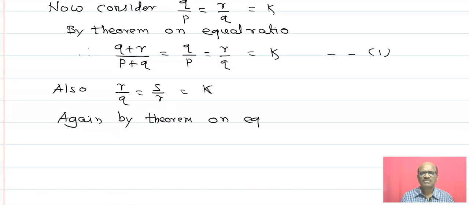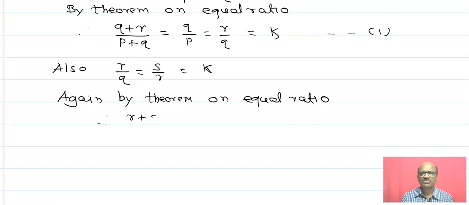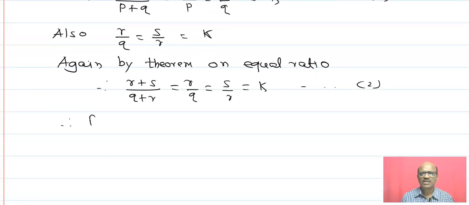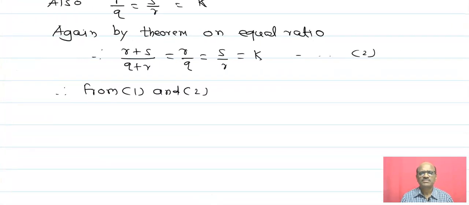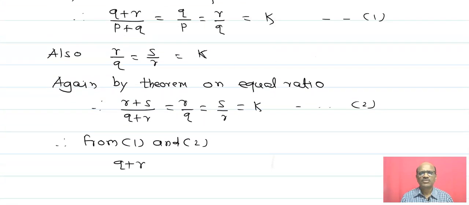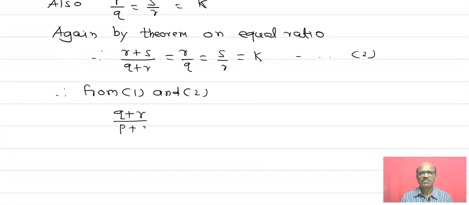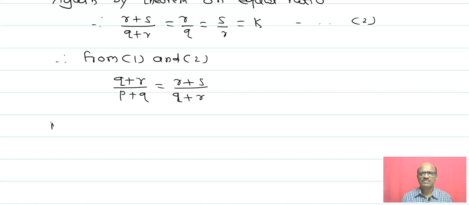Also, by the next condition, r upon q is equal to s upon r is equal to k. Again, by applying the theorem on equal ratios, you will get r plus s upon q plus r is equal to k. This is the second. Therefore, from 1 and 2, you will get q plus r upon p plus q is equal to r plus s upon q plus r, and hence it is proved.